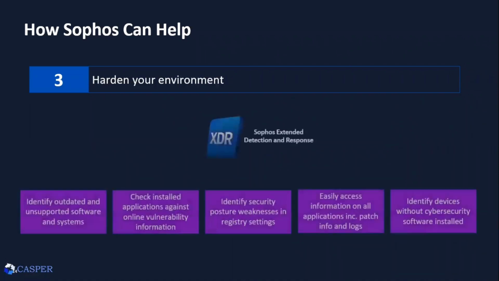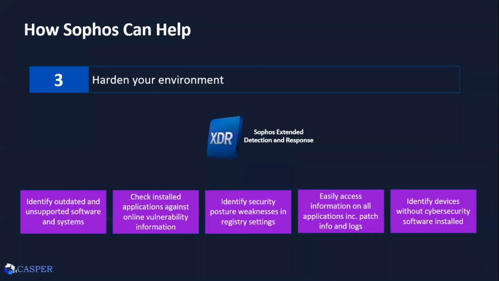Also, the third one is adding to your defense. With Sophos XDR, you can identify outdated and unsupported software in your system, because we all know the type of loopholes cracked software can cause security-wise on our network. You can also check installed applications against online vulnerability information.